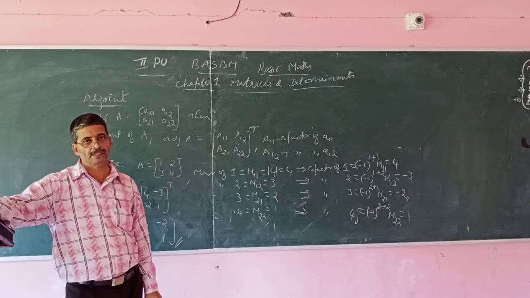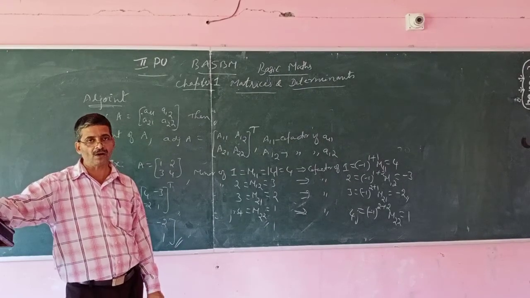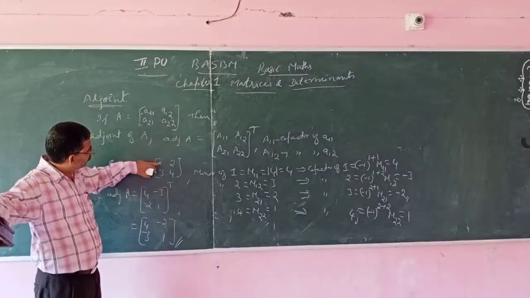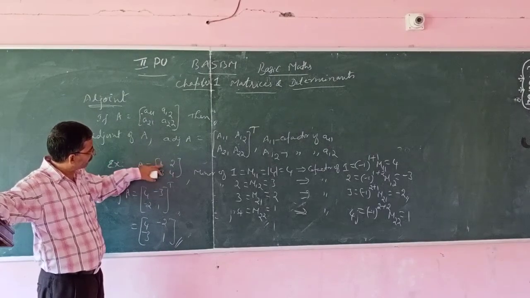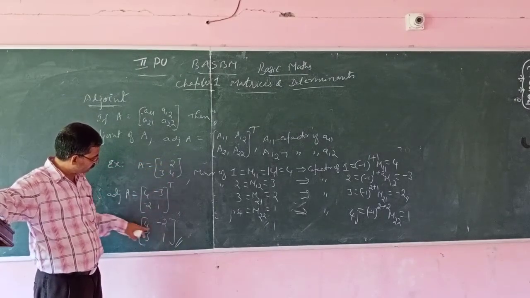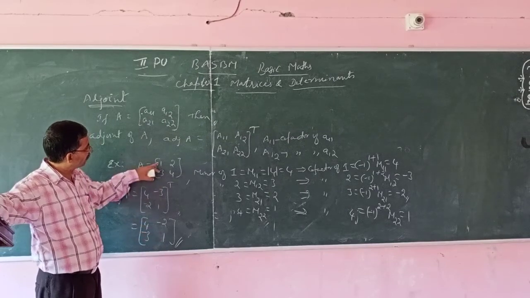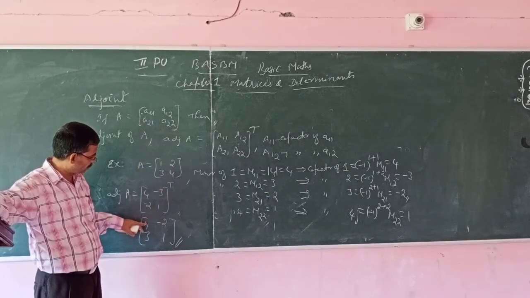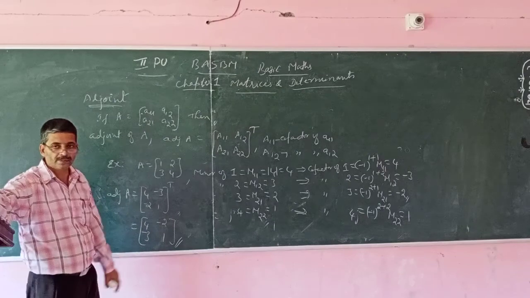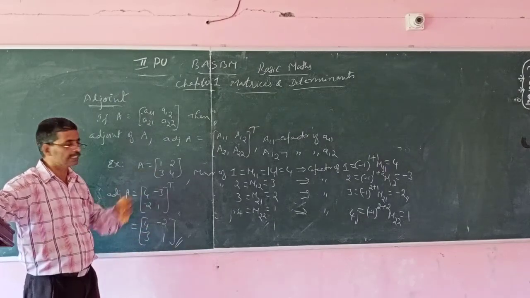For order 2, it is very easy, it is direct. How? Observe here, the diagonal elements 1 4 become 4 1. So the diagonal elements are interchanged.